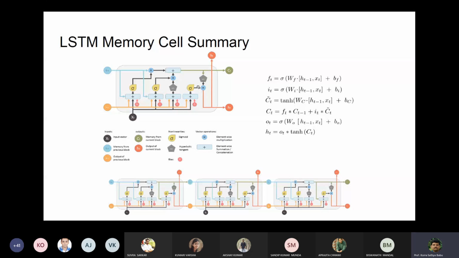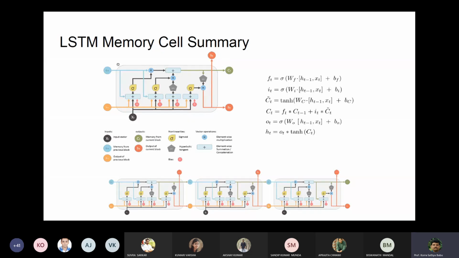Then to regulate, this O_t is multiplied with the current C_t value passed through a tanh function, and you get the h_t value. So this is the complete set of steps of this LSTM.